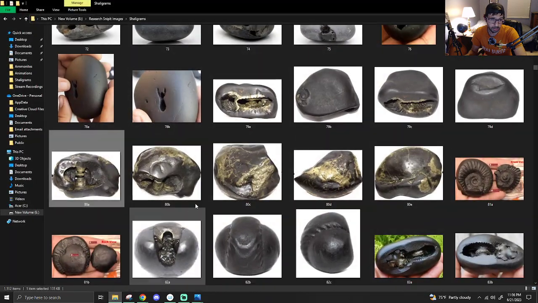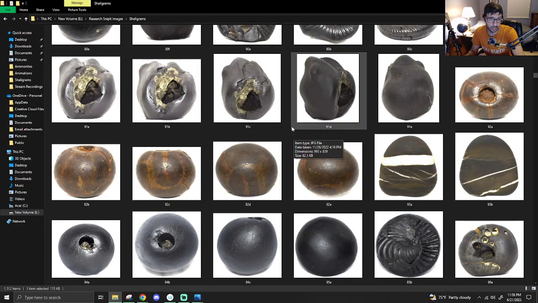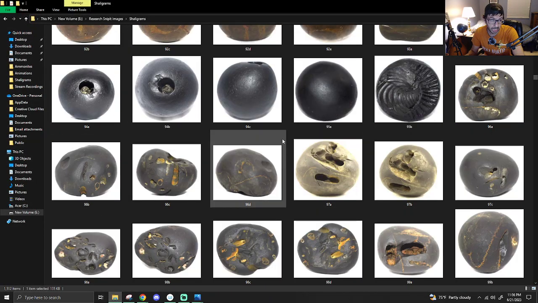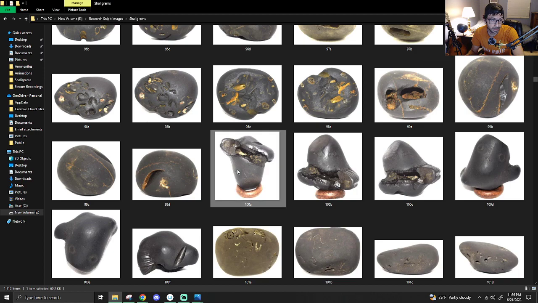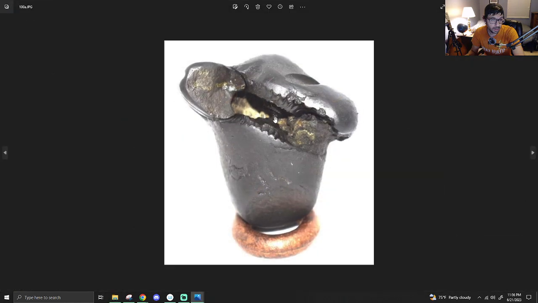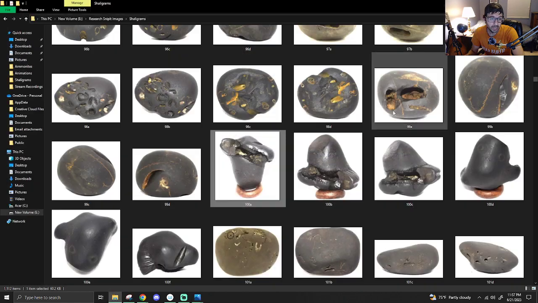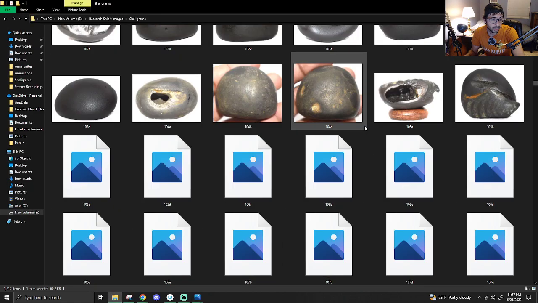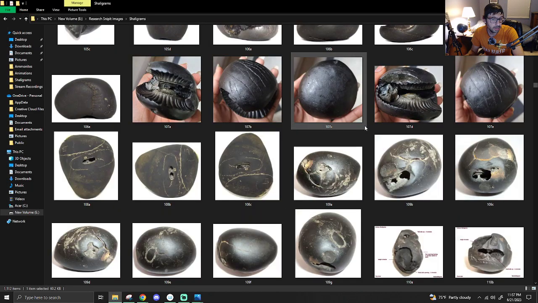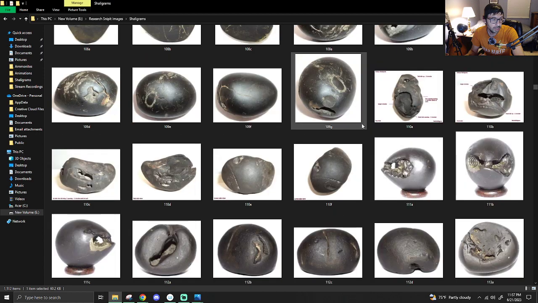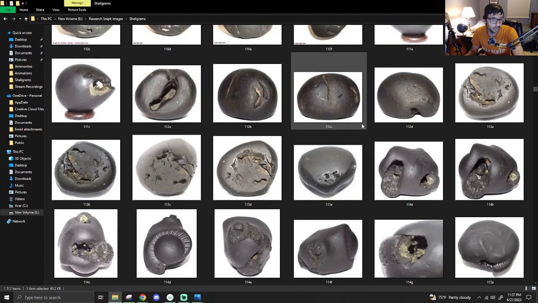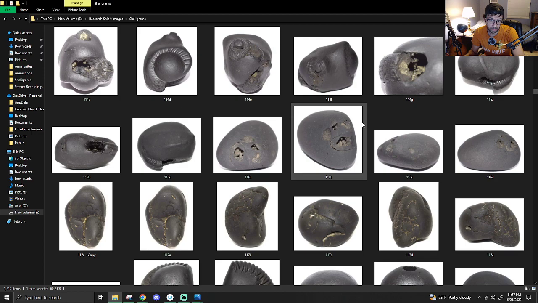We need some pretty small nuclei. Too hard to see. I don't know if we're gonna find what I'm looking for.